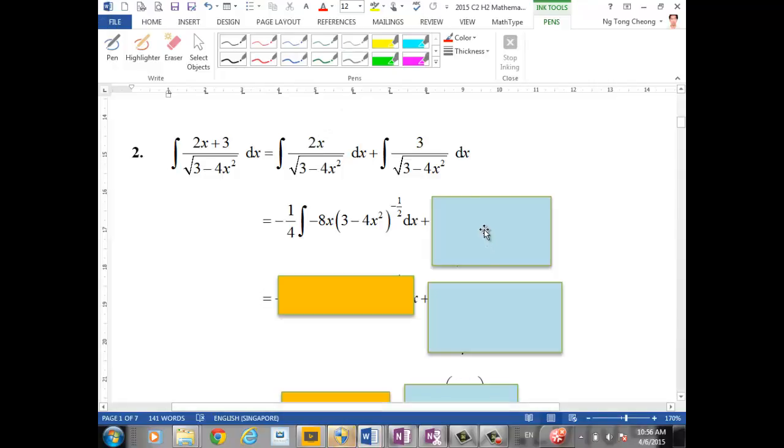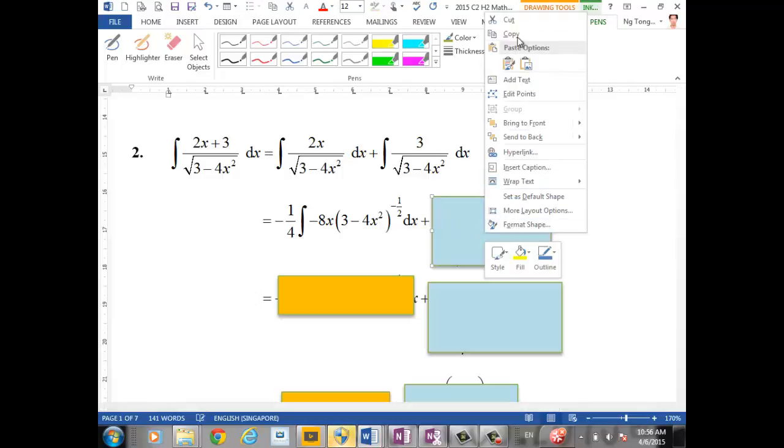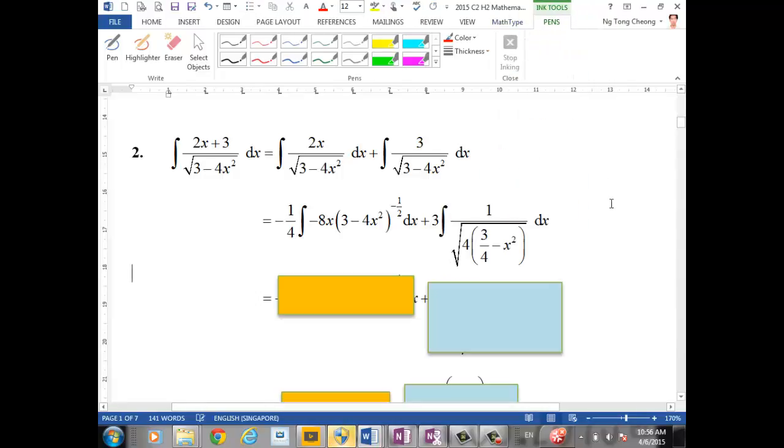Whereas for the second integral over here, I hope you are able to recognize that this can be done using your formula list. So what you can do is try to simplify first, so that hopefully you get those integrals of the form a squared minus x squared dx.